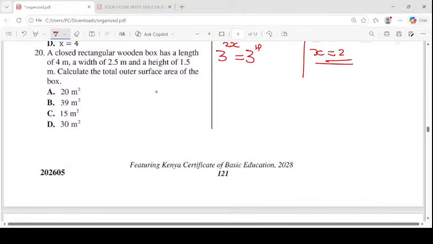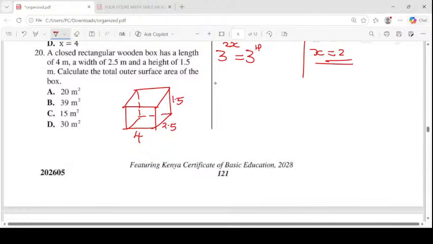It is a closed one, so you can have it this way. This is your box. The length is 4 meters, the width is 2.5, and the height is 1.5.